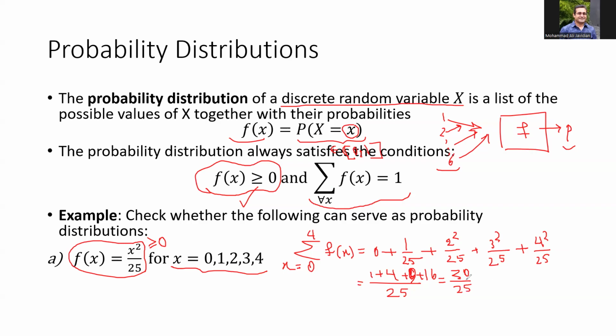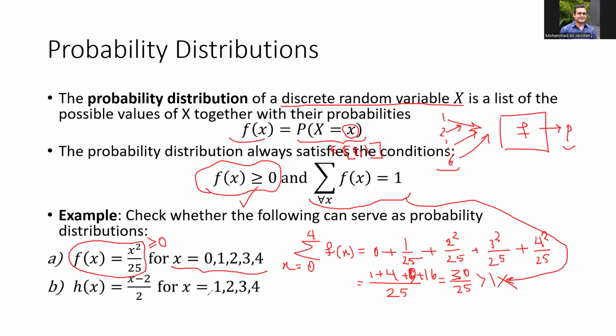And obviously this number is bigger than 1. So it doesn't satisfy the second one. So the second rule is not satisfied. So I cannot say that this function shows a probability distribution.